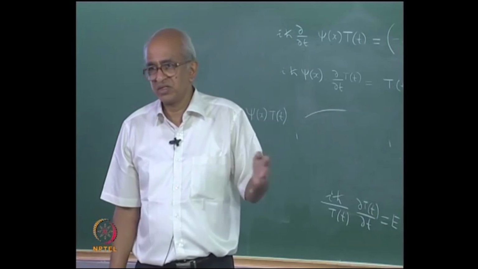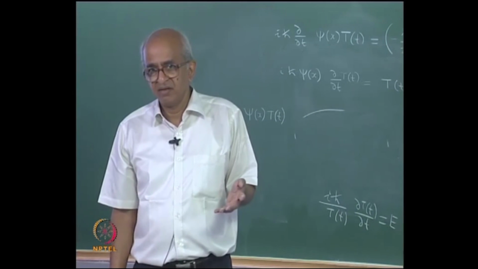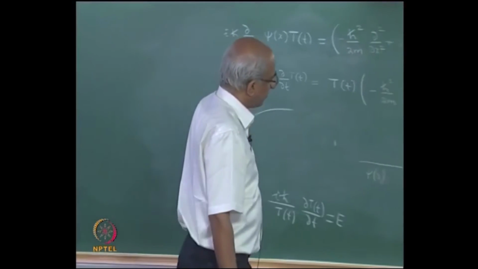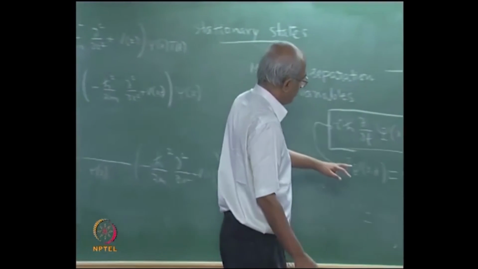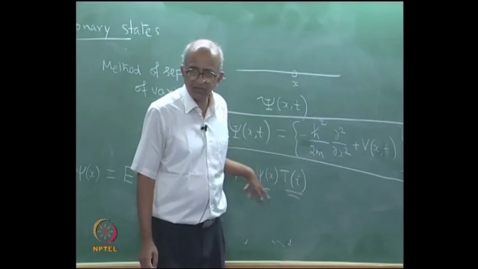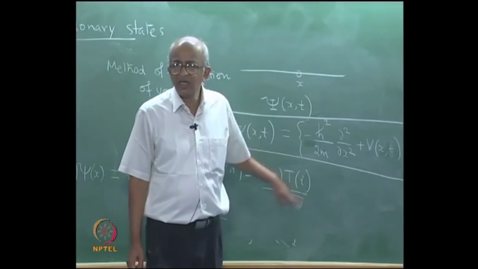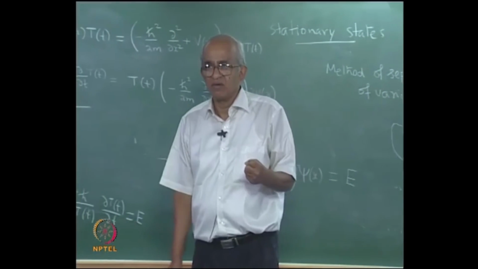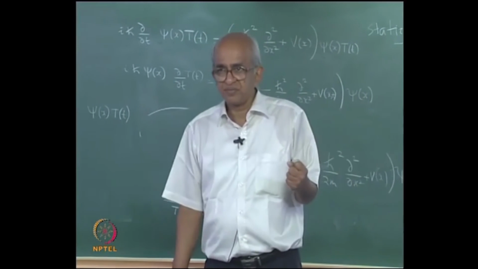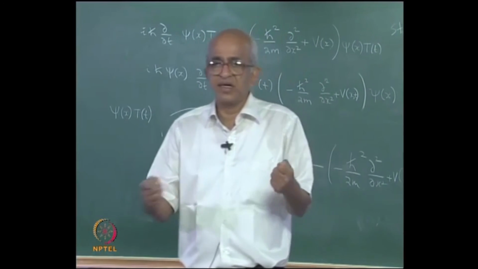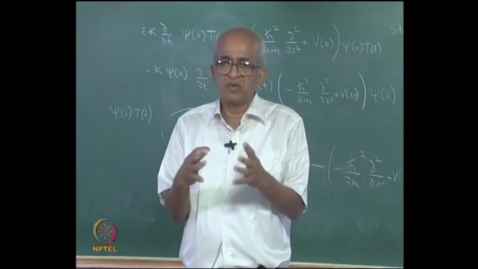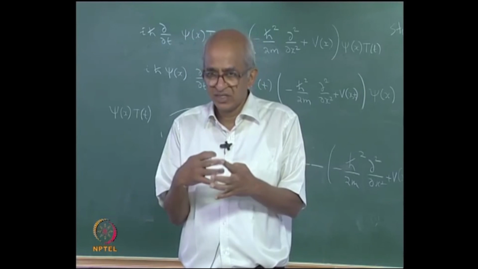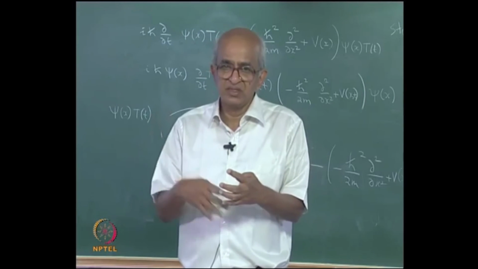You will not be able to separate the variables, and therefore, if your potential energy depended on time, you will not be able to find a simple solution of this form, and the method of separation of variables will fail. So, this argument can be carried out only in those cases where the potential energy does not change with time.